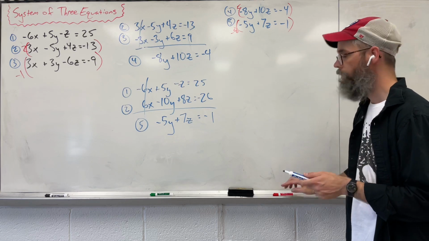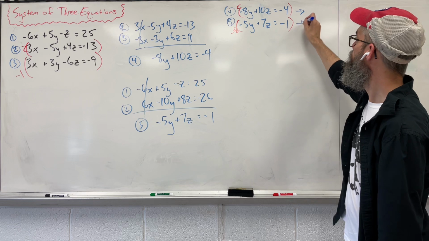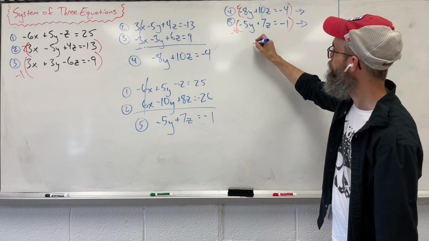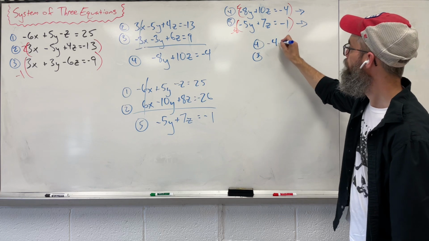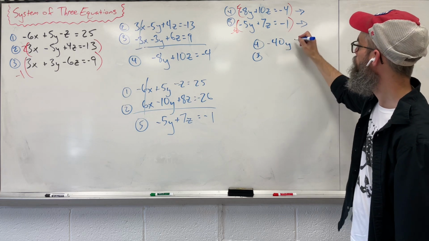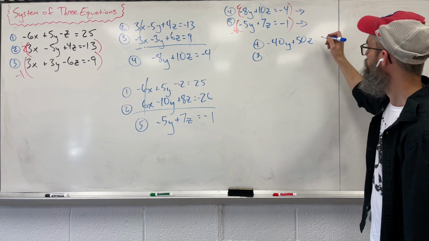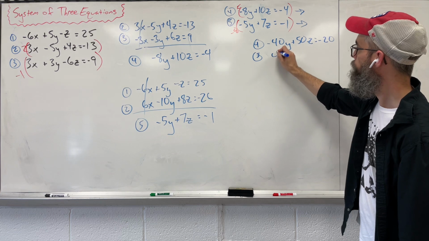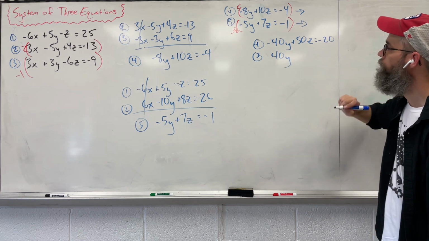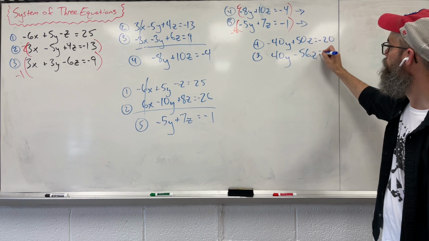Now, we got to do this again. So I'm going to rewrite them down here. 4 and 5, our new versions. We're going to have negative 40y, 50z, and negative 20, positive 40, negative 56, and 8.